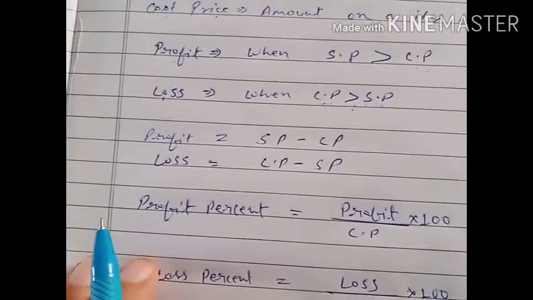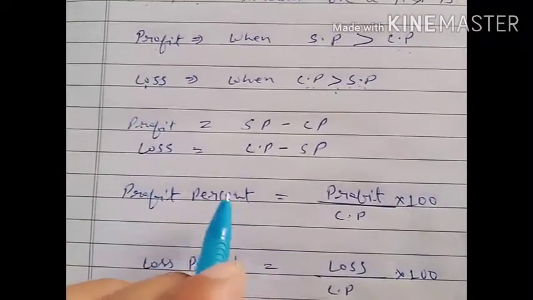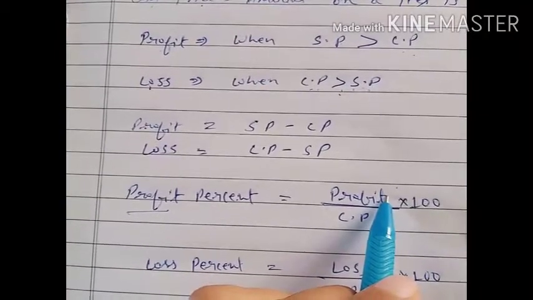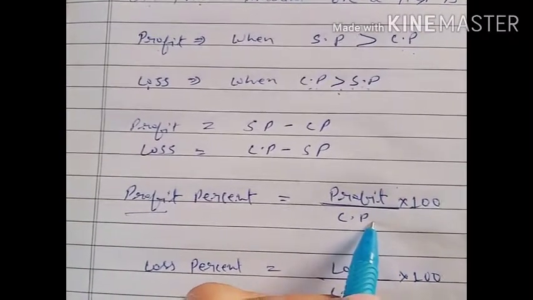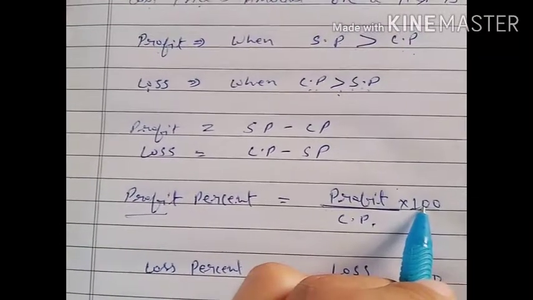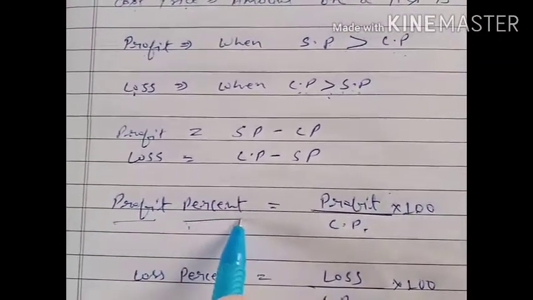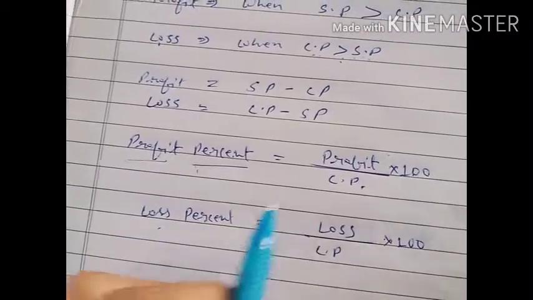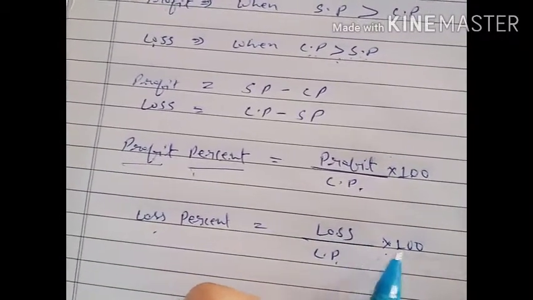How to find the profit percent? Profit percent is equal to, if we are finding the profit, we have to write the profit on the numerator and the cost price on the denominator. Now it will be multiplied with 100 because we are finding percent. Similarly, loss percent is equal to loss upon CP into 100.